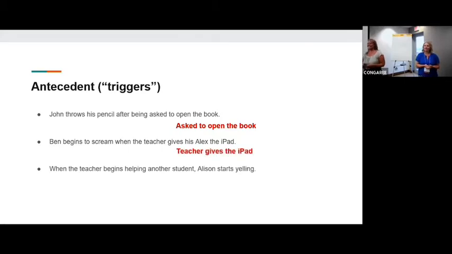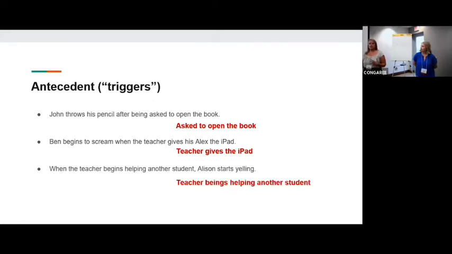So the teacher gave someone that iPad. Last one, when the teacher begins helping another student, Allison starts screaming or yelling. So the behavior is that yelling. What's the antecedent to that? Helping the other student. Yep, it's helping the other student.